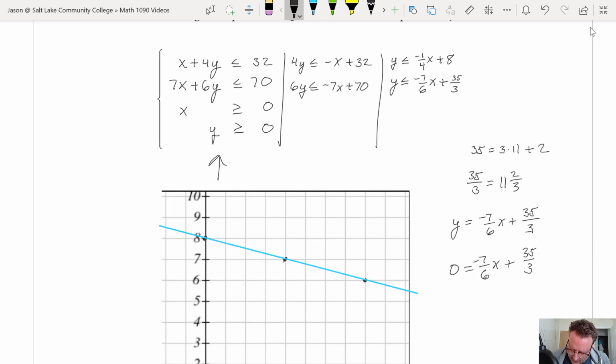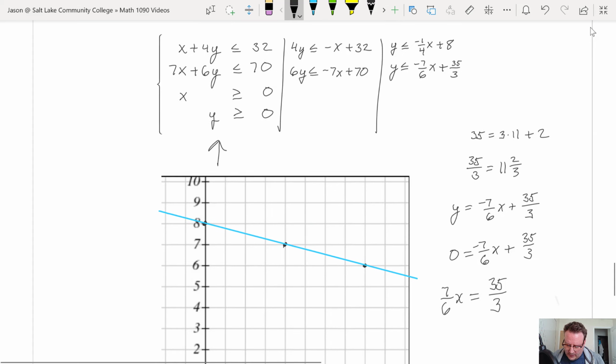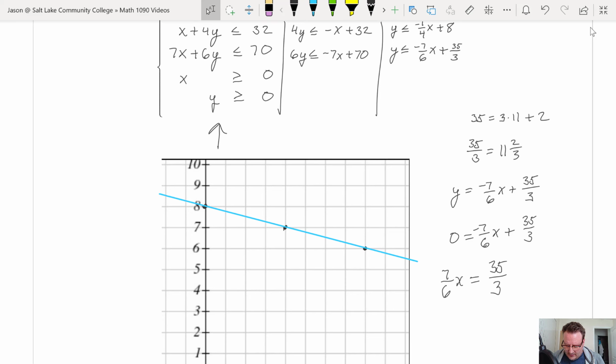Oops, that should be negative 7/6 x. So I'm going to add 7/6 x to both sides. Okay, and to solve this, I'm going to multiply both sides of the equation by 6/7.